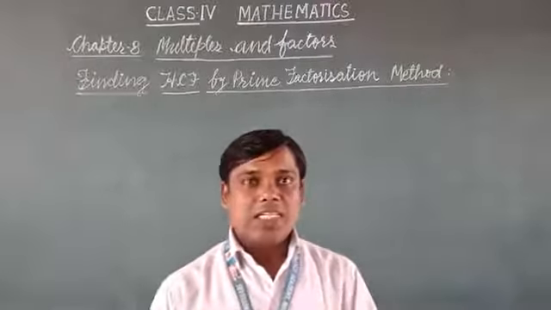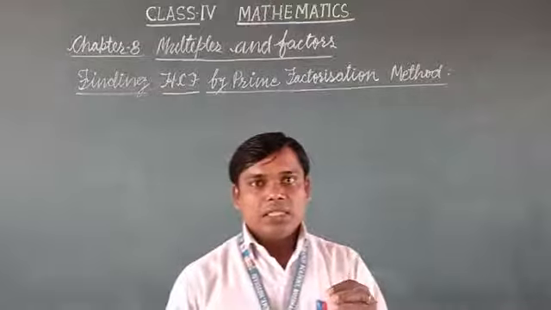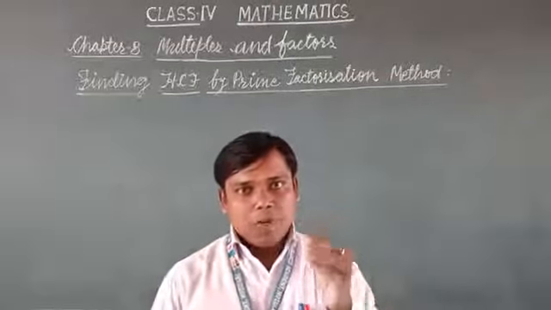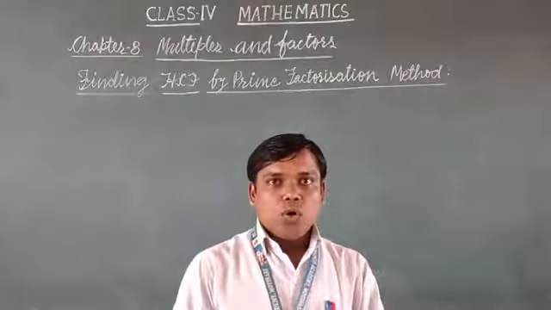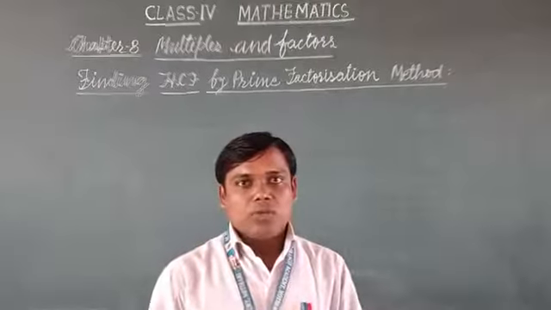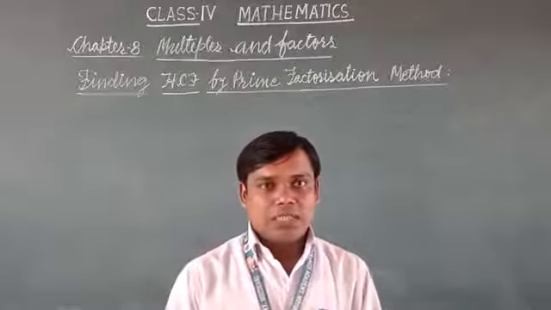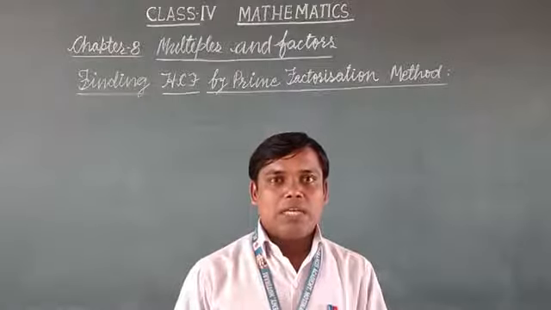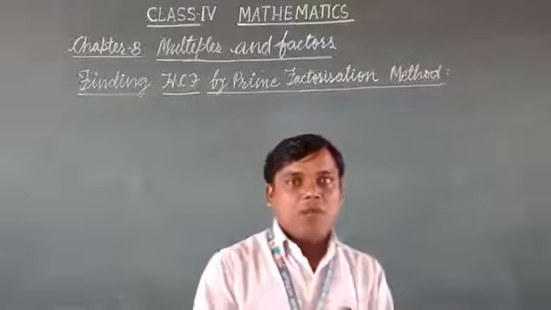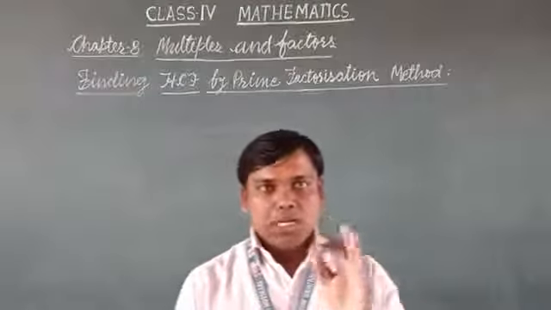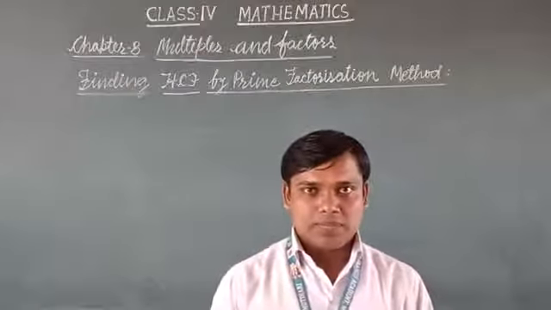And in case of LCM, we write the product of common prime factors and also the product of non-common prime factors, and then we multiply both the product of common factors and the product of non-common factors to get the LCM of the given numbers.